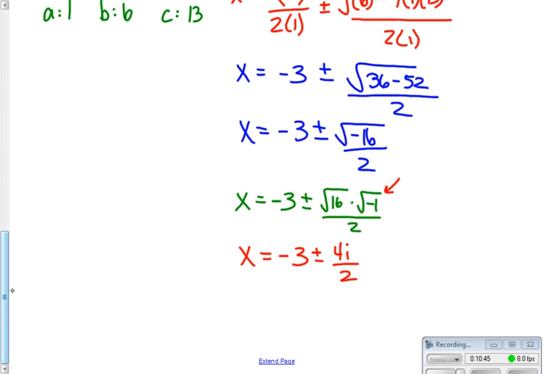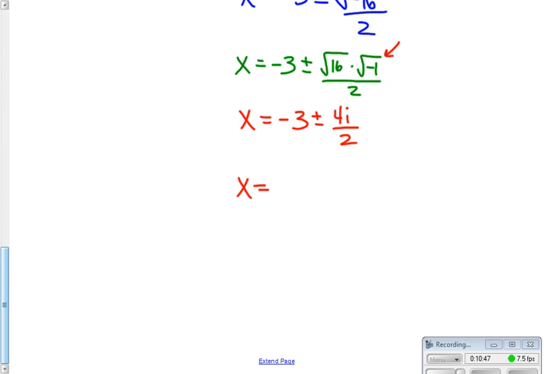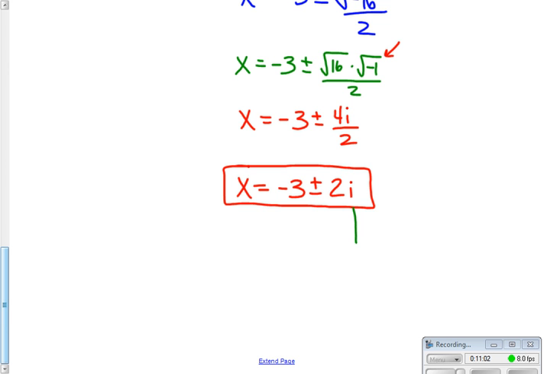And again, we can reduce that fraction, x equals negative 3 plus or minus 4 divided by 2, which gives me 2i. And we'd have to leave it like this because that is the imaginary numbers we're working with. We don't know what i is, so we can't say negative 3 plus 2i and get an answer from there.